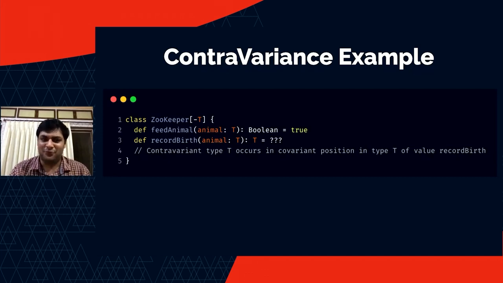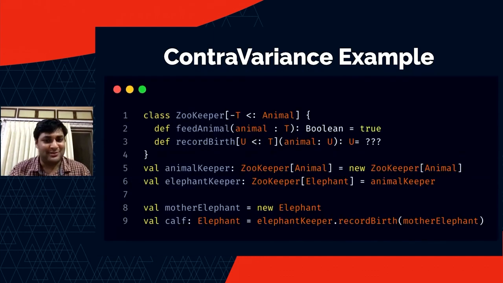Is there any workaround for this too? Thanks to bounds again, type bounds. As you can see at line number 3, we have stated U is a subtype of T, and that animal is of type U, and we are returning U. We have solved that particular error.